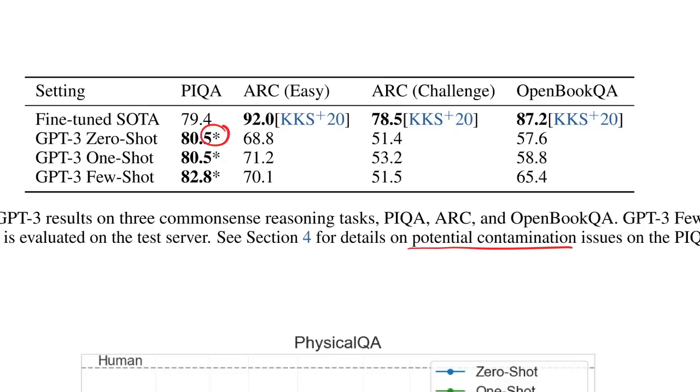So they have potential contamination issues. What they found was there was a significant overlap between this dataset and their training dataset. And they only realized this too late because there was a bug in their deduplication code, and then they couldn't change it anymore, because this model is so large that they couldn't restart the training, as they had already spent so much money and energy on it.